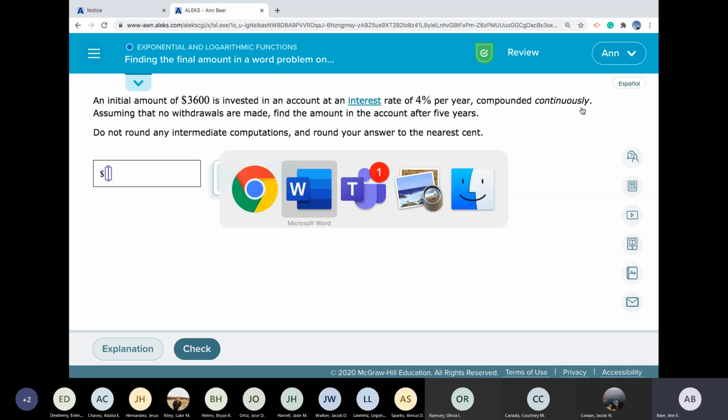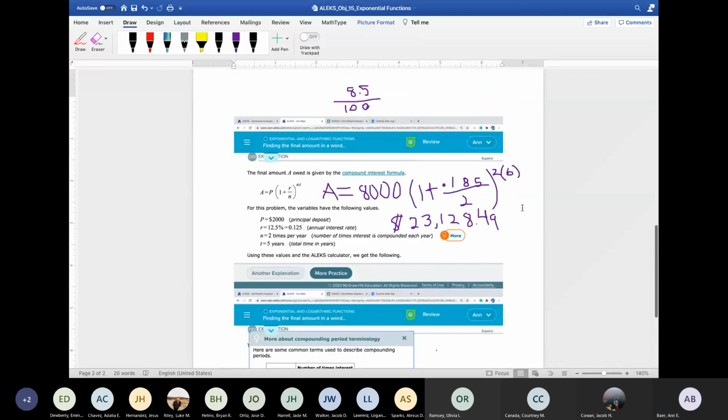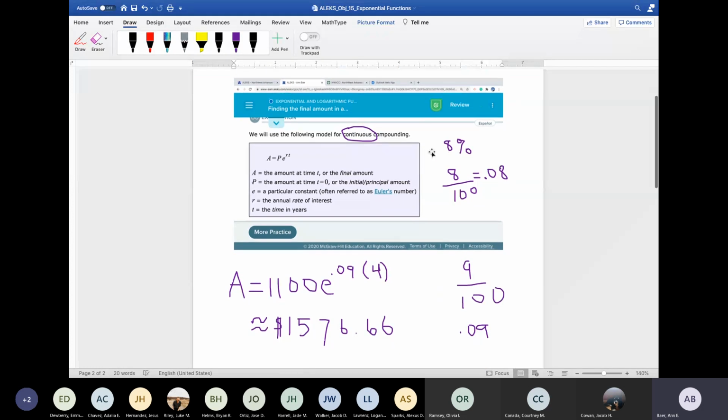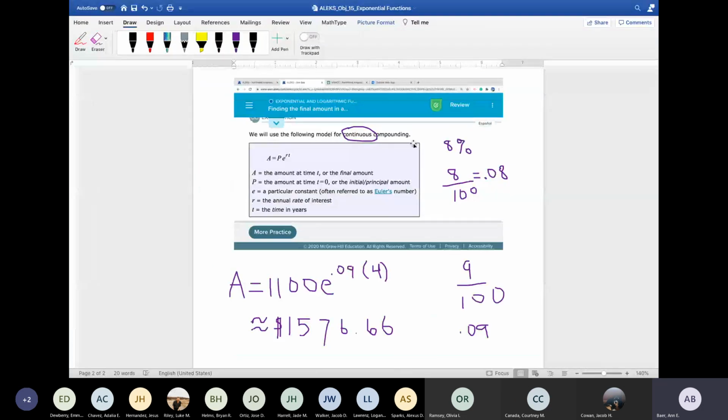So let's go back down here to Word for a moment, and let's go back up here. I'm going to have to do a little bit of erasing here real quick. I'll just get this eraser and do it as fast as I can. Erase, erase. I learn something new every day.